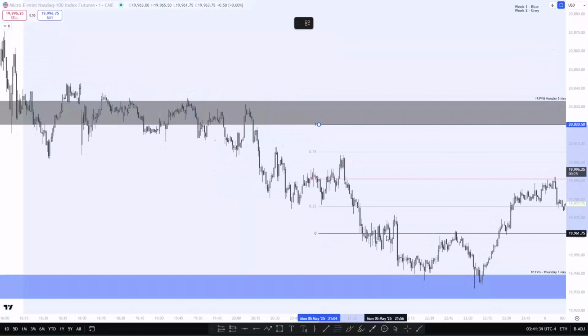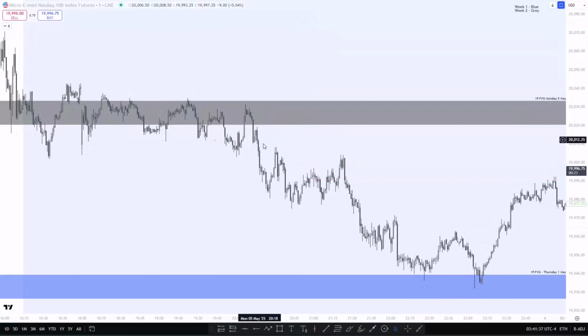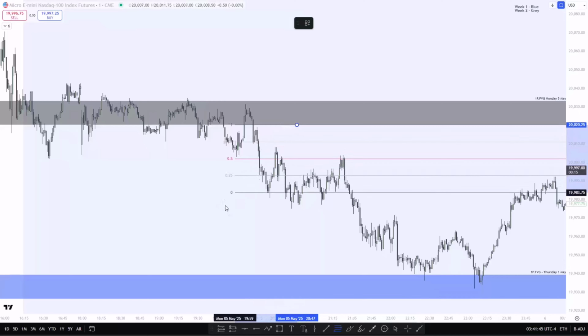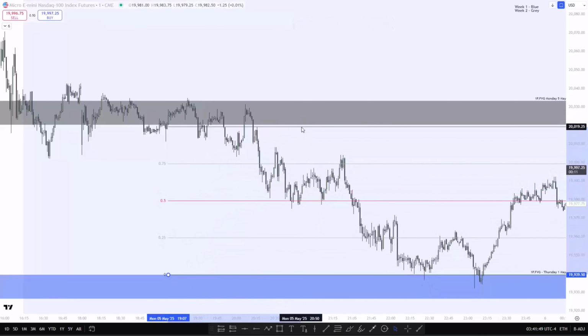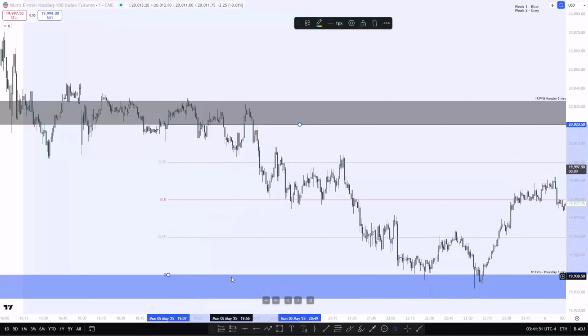Anywhere you see on your chart a price move from one gap to another, take your fib and draw from the bottom of this upper gap to the top of the lower gap. Okay, draw that range. We're not using any highs and lows of this price action. We're using just the gaps.